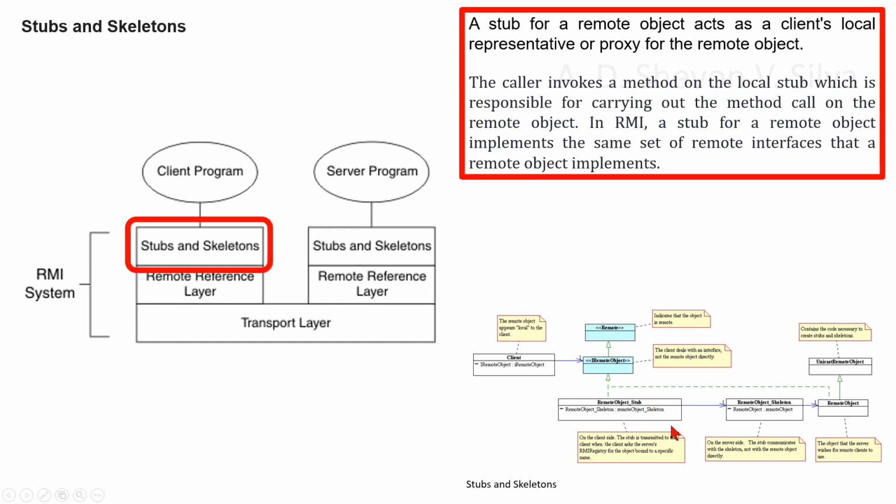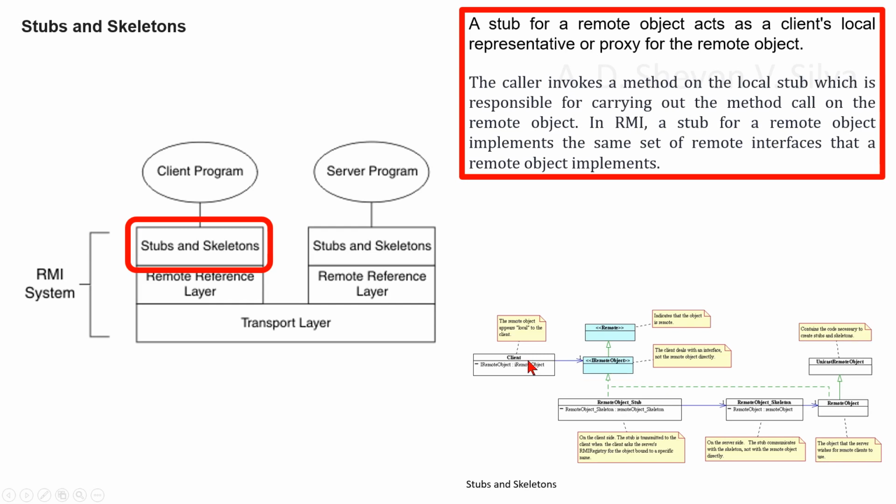Here you can see a client with the IRemote object. The remote object appears local to the client. The client deals with an interface, not the remote object directly.